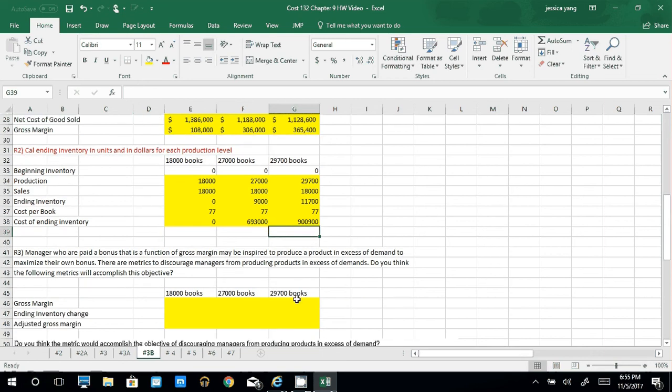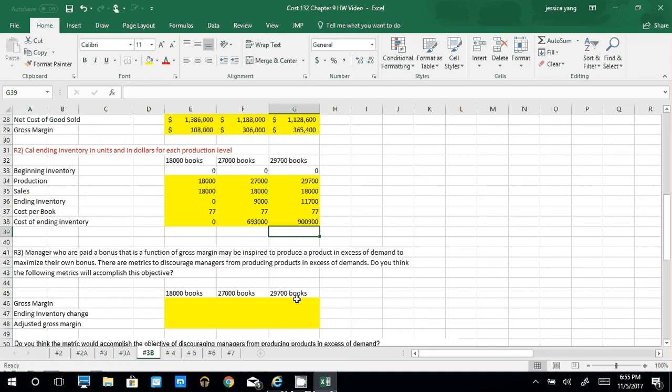It says managers who are paid a bonus that is a function of gross margin may be inspired to produce a product in excess of demand to maximize their own bonus. There are metrics to discourage managers from producing products in excess of demand.